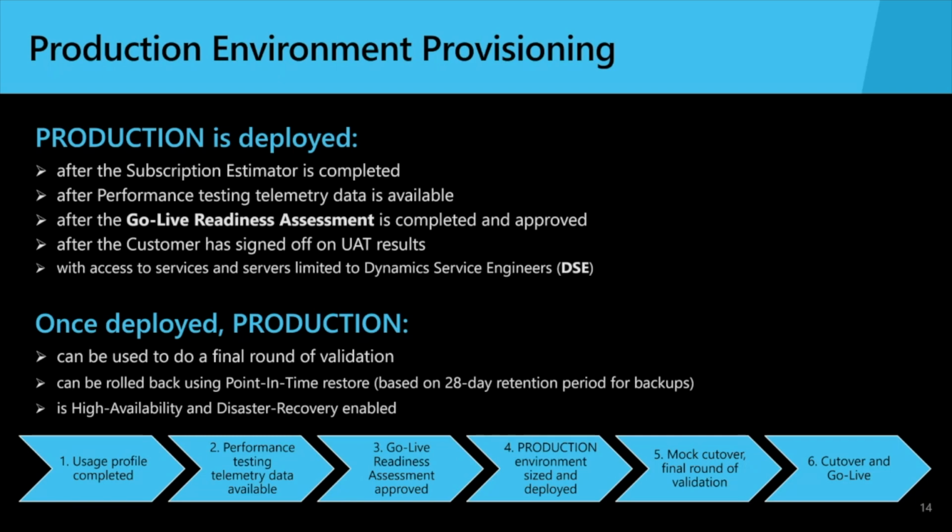The go-live readiness checklist will be submitted, and the assessment will then be prepared and shared with you, and we'll reach mutual agreement on the readiness. At that point, the production environment can be requested, sized, and deployed. Thereafter, we strongly encourage that you perform a mock cutover and do a final round of validation before using the point-in-time restore capability to roll that back and/or re-execute your cutover activities and actually go live.